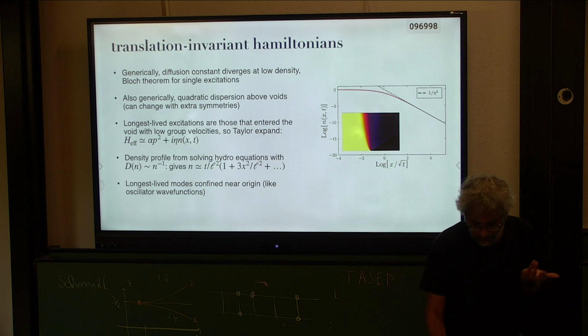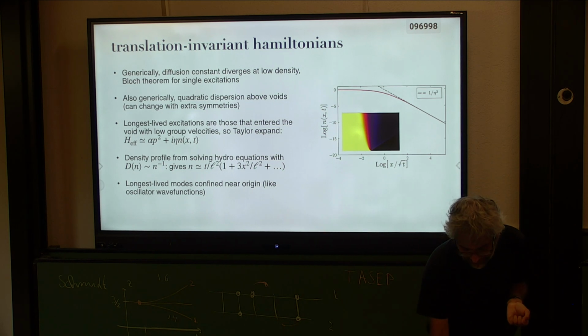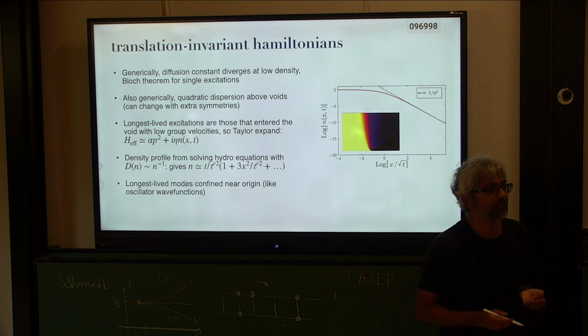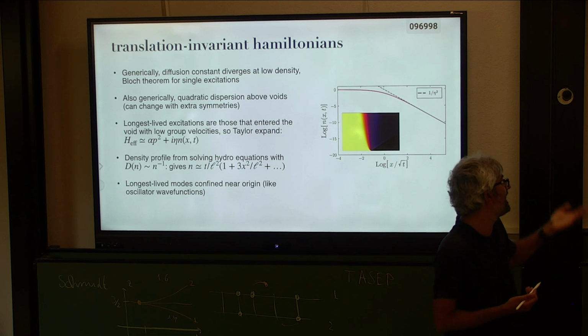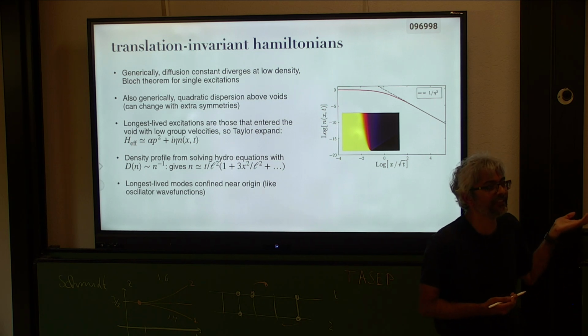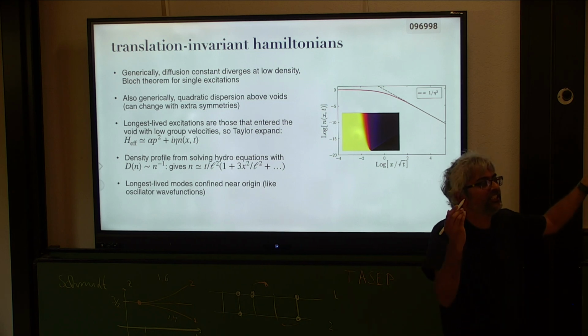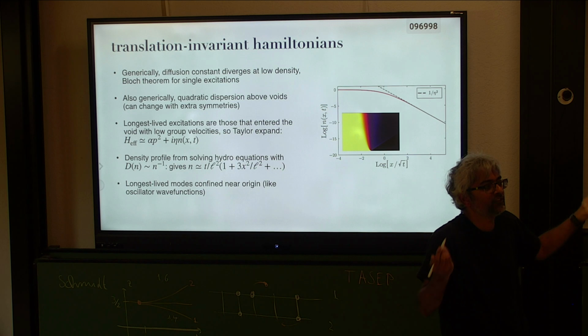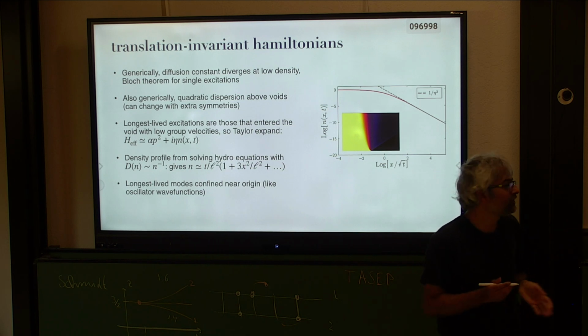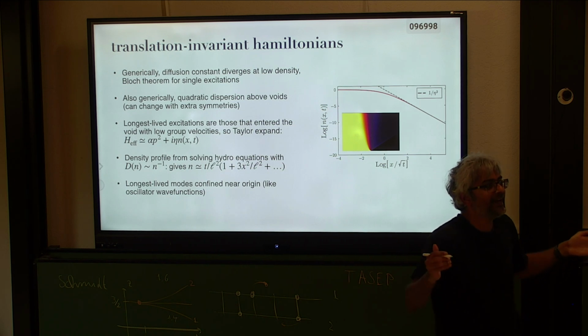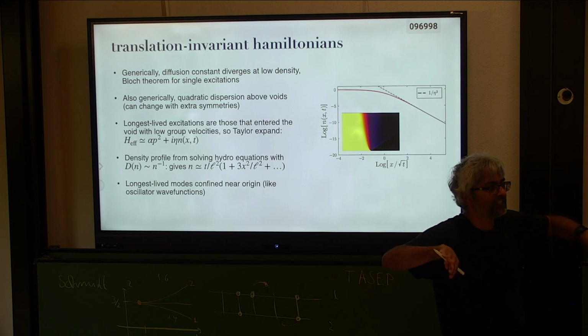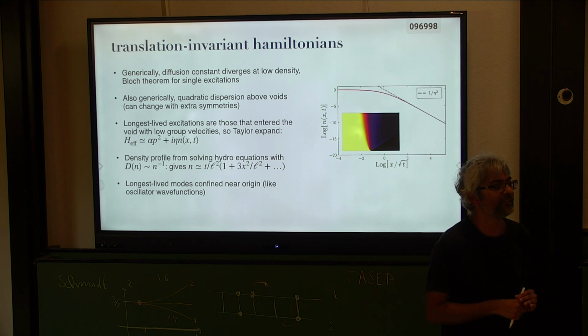You can solve this problem by studying basically the hydrodynamics of a diffusion equation with a diffusion constant that's singular in the density. The diffusion constant is 1 over n because each collision is completely randomizing. That's sort of a reasonable assumption. So the diffusion constant goes as 1 over n, and you ask, well, starting from this domain wall initial condition, what's the hydrodynamic solution at late times?